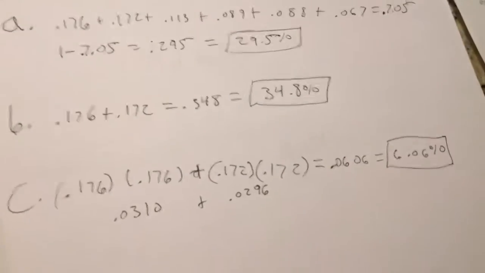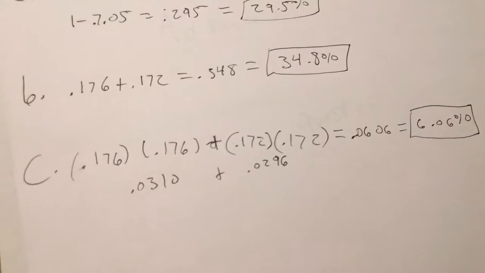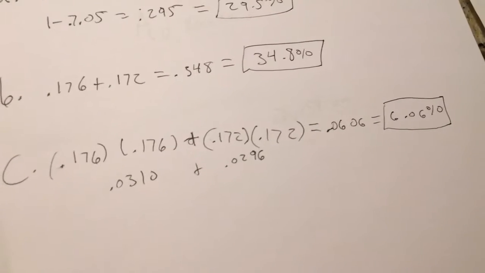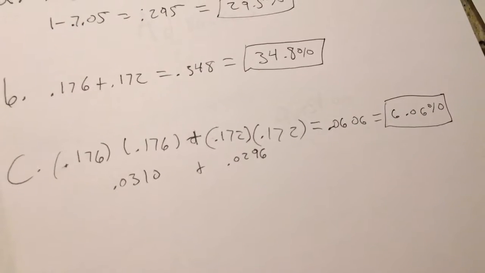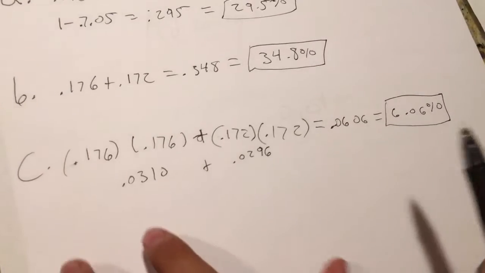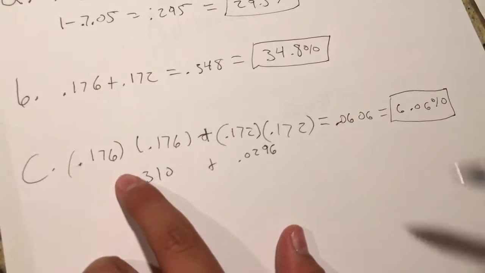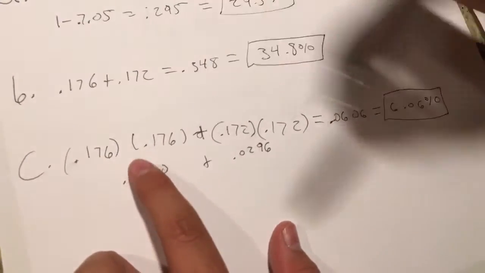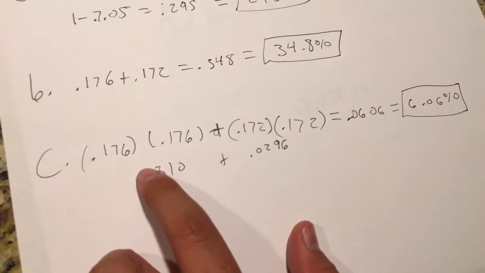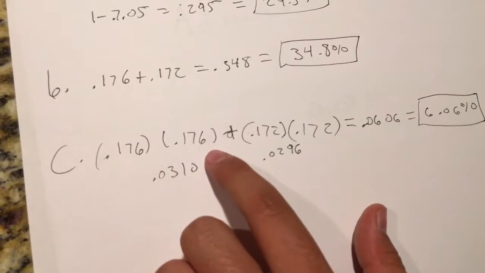Now moving down to part C for the basic question. Part C asks, when choosing 2 vehicles at random, what is the probability that both are silver or both are white? So the probability that both are silver would be 0.176 times 0.176, since it'd have to be 2 cars that are silver, so you multiply those numbers.